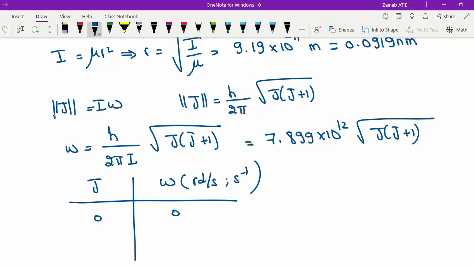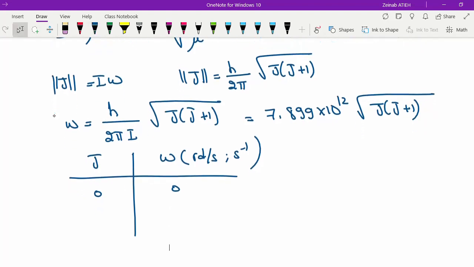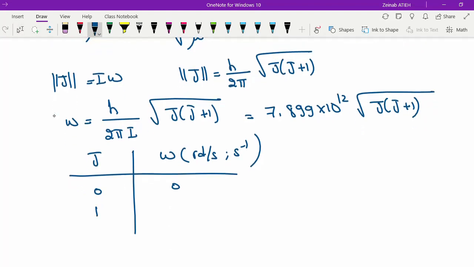For j0, omega is 0. For j1, we multiply by radical 2, we get 1.11 times 10 to the power 13. For j equals 2, we multiply by radical 6, we get 1.93 times 10 to the power 13.